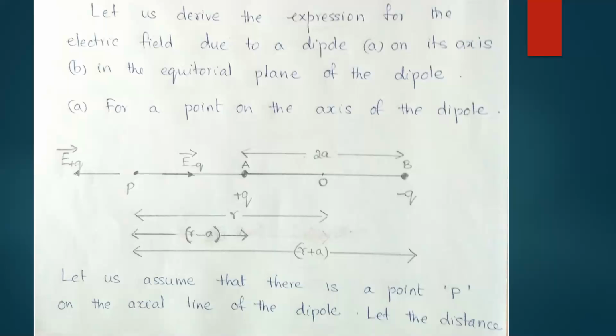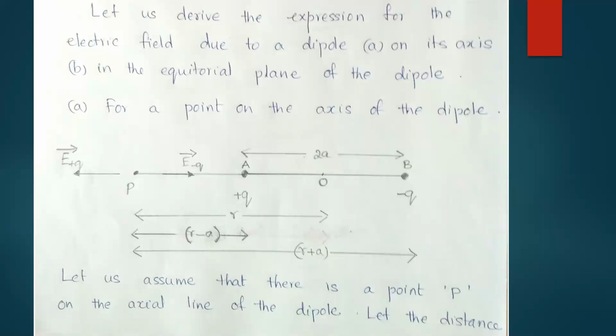Why do we want the distances? Because the formula for the electric field is E is equal to 1 by 4 pi epsilon naught, q by distance square. Therefore, we need to know the distance. Now, let us take this point P and calculate the electric field at the point P due to both the charges and add both of them.